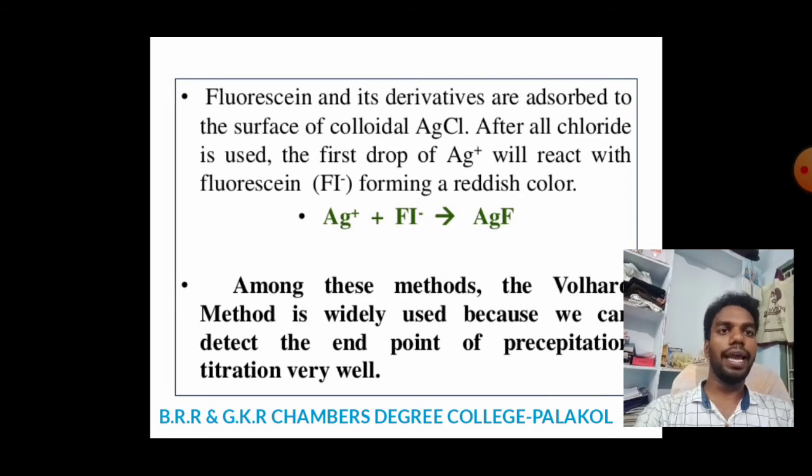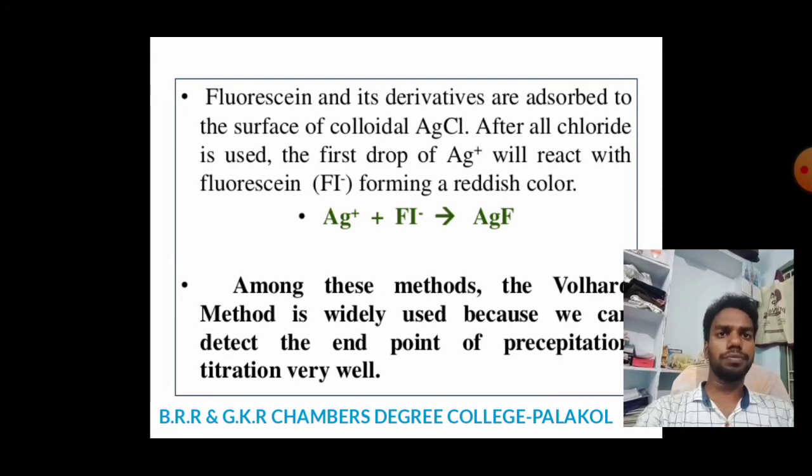So this is the adsorption indicator, right? Among these methods, Volhard's method is widely used because you can detect the end point of the precipitation titration very easily. Here fluorescein and dichlorofluorescein are the two widely used adsorption indicators.